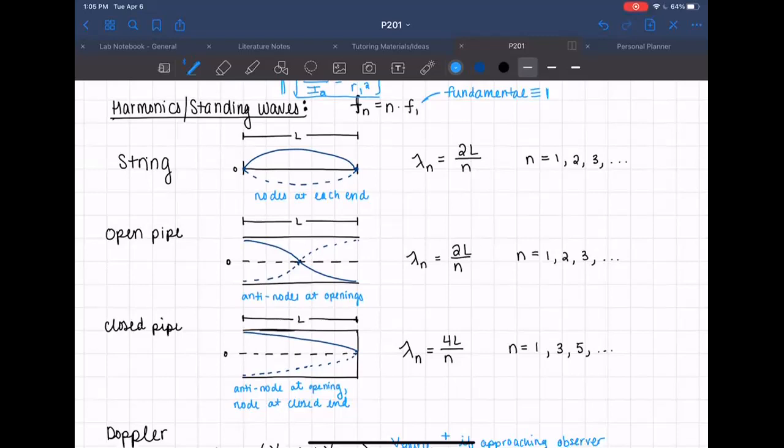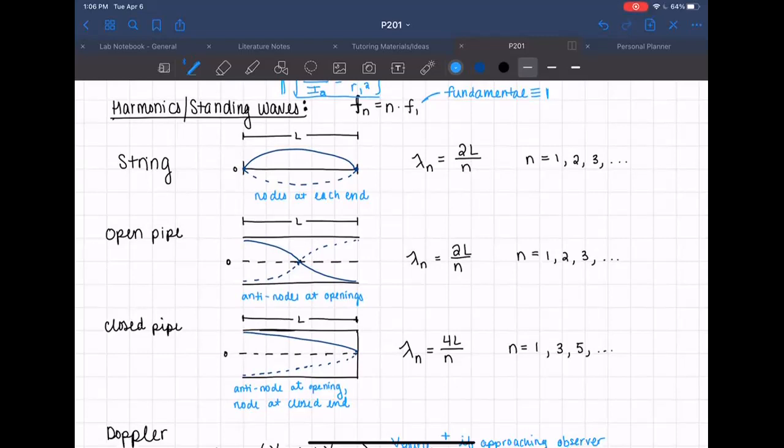For a string, you need to have nodes at either end. You can have many more nodes, obviously, if you go into higher harmonics, but you need to have at least one at each end. For an open pipe, you need to have antinodes at each end, or at the openings. And for the closed pipe, you need to have an antinode at the opening and a node at the closed end. And all of those have the same length.